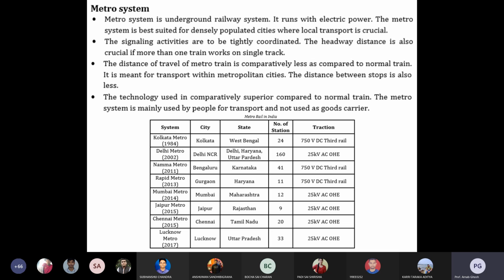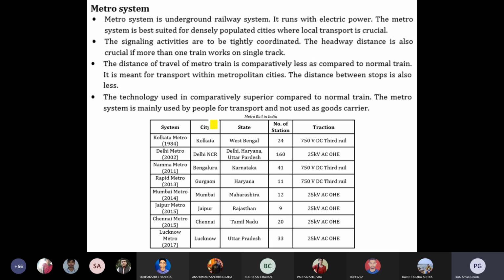Basically to avoid the traffic jam. So, avoiding all those things, you use regularized electrical transportation for reducing the pollution and for reaching your destination fast.